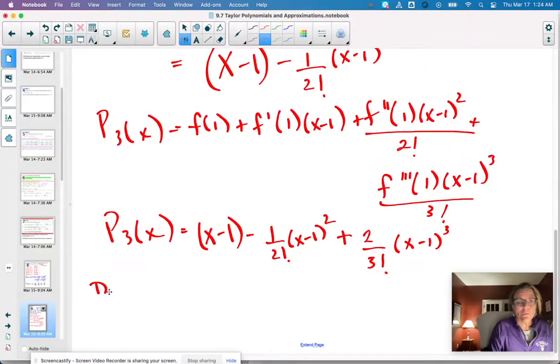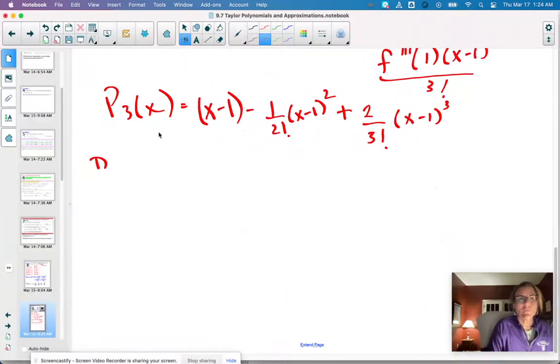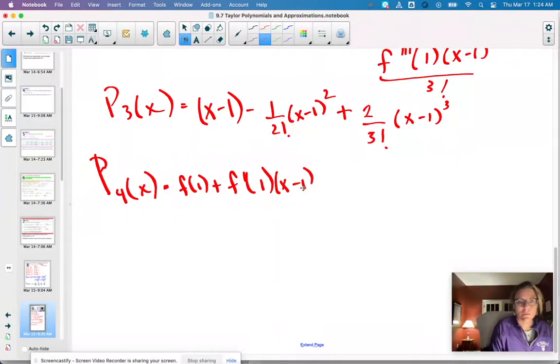And we have one more, our fourth degree. Again, that is going to be f of 1 plus f prime of 1, x minus 1, plus the second derivative over 2 factorial, x minus 1 squared.